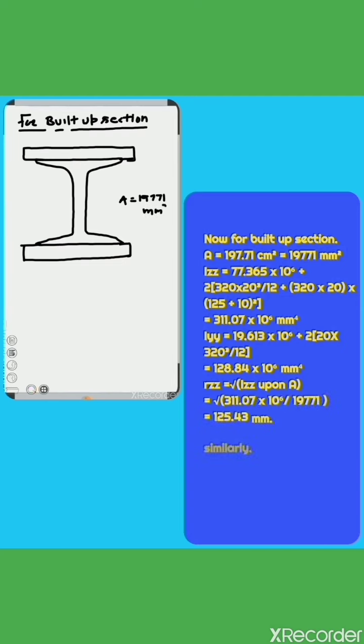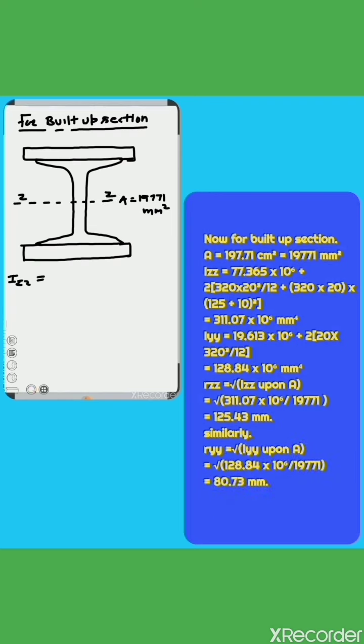IZZ equals 77.365 into 10 to the power of 6 plus 2 times 320 into 20 cubed upon 12 plus 320 into 20 multiplied with 125 plus 10 squared equals 311.07 into 10 to the power of 6 mm to the power of 4.